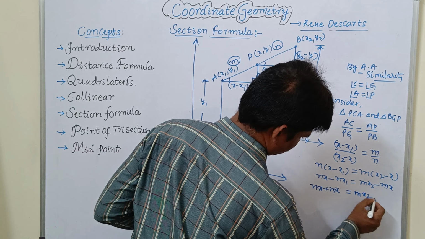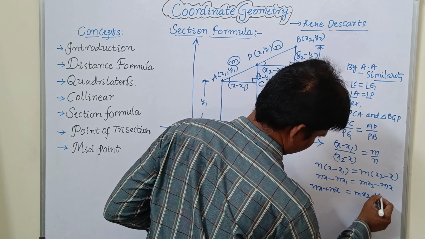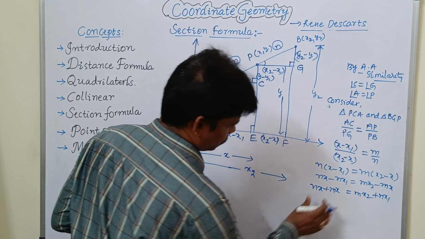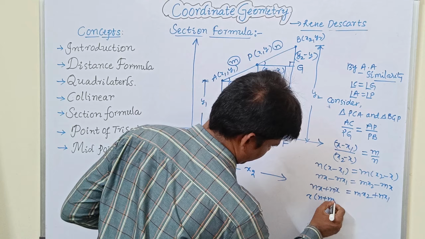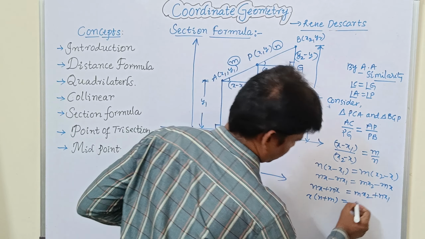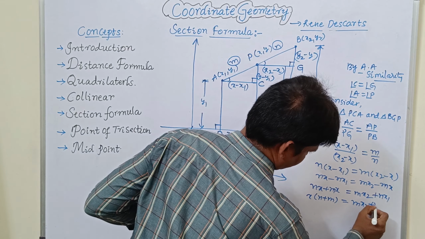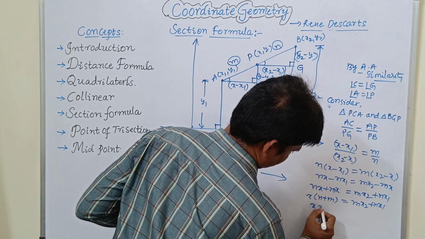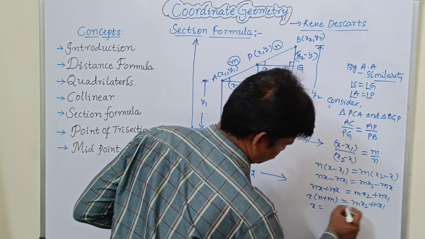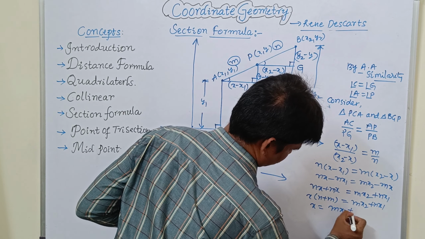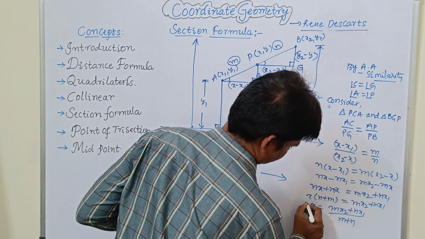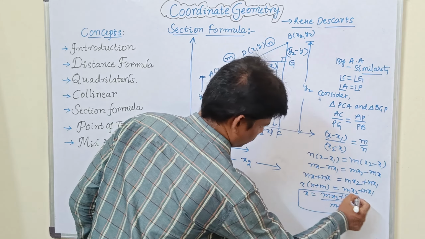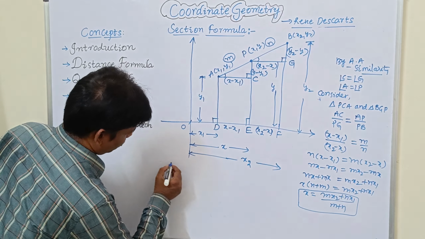So mx plus nx equals mx2 plus nx1. Take x common, m plus n. So x is equal to mx2 plus nx1 by m plus n. This is the x coordinate.